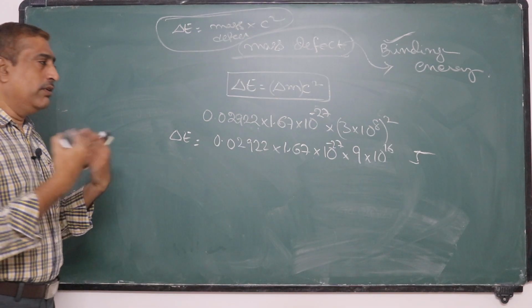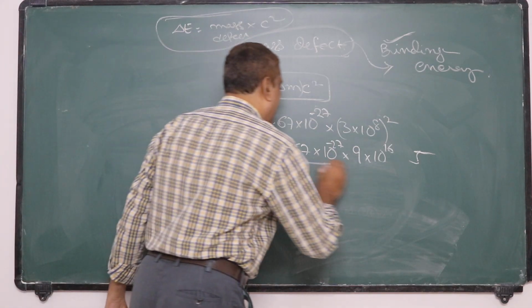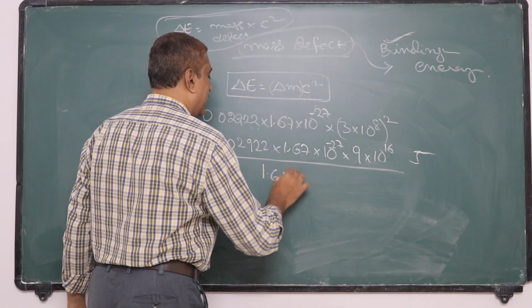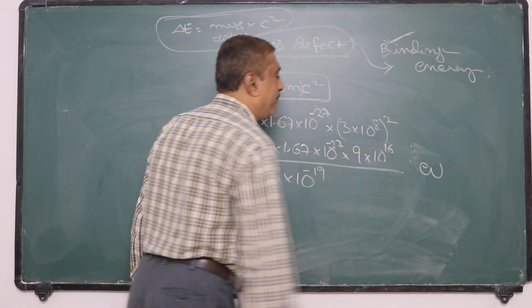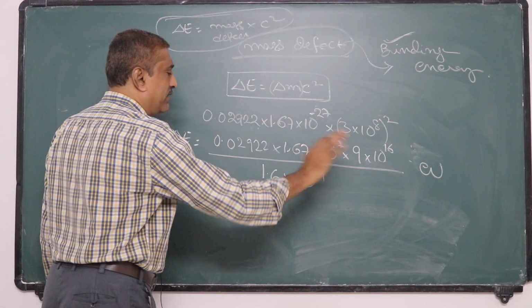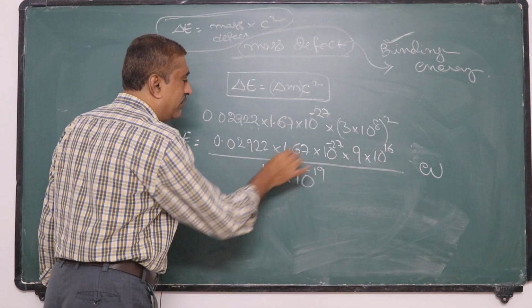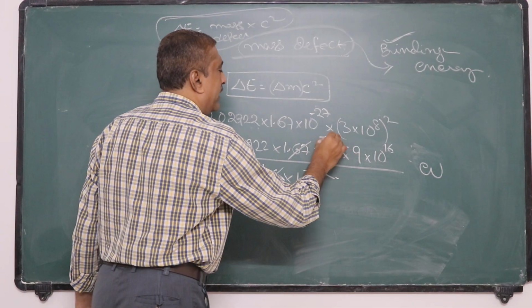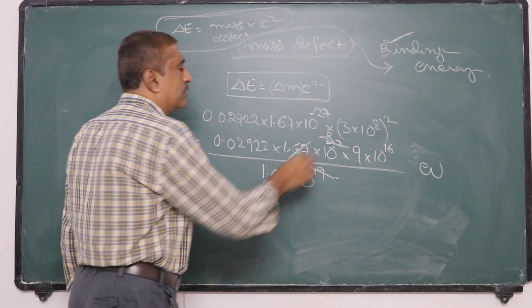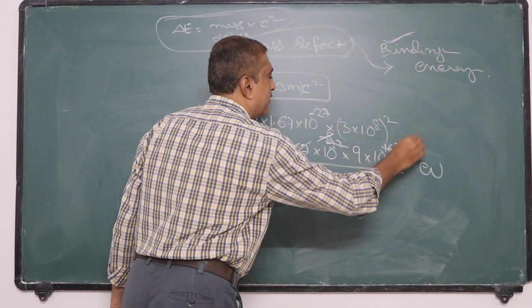To get this value in electron volts, we have to divide it by 1.6 into 10 power minus 19. We will get it in electron volts. Assume that we are calculating approximately, so this will get cancelled, and minus 19 with this minus 8 gives plus 8.